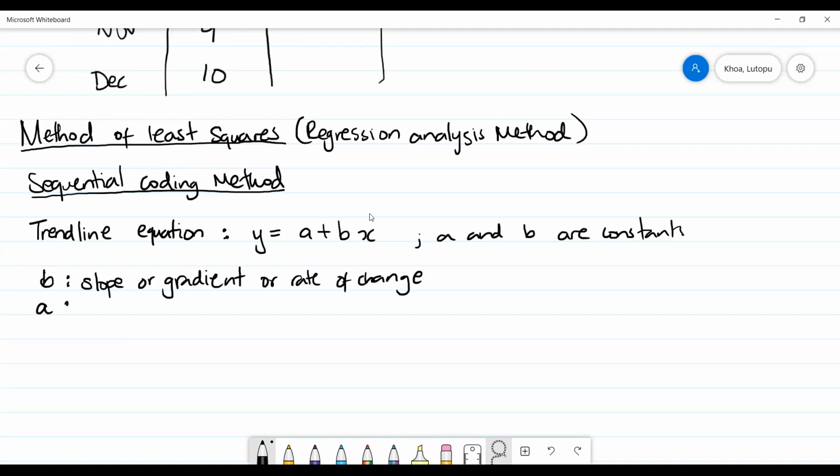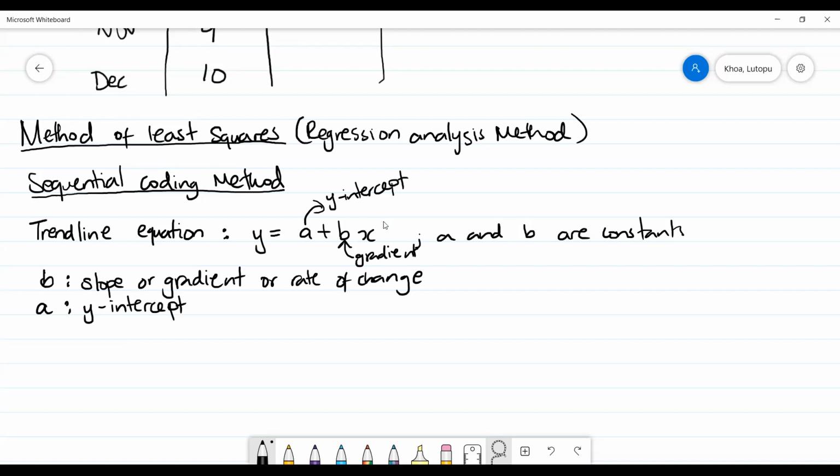And A is the y-intercept. When you're given an equation like this, note that the value that doesn't have an x is your y-intercept, and the one with x is your gradient. In mathematics we called it y equals mx plus c. Here, instead of m we have b, and instead of c we have a.